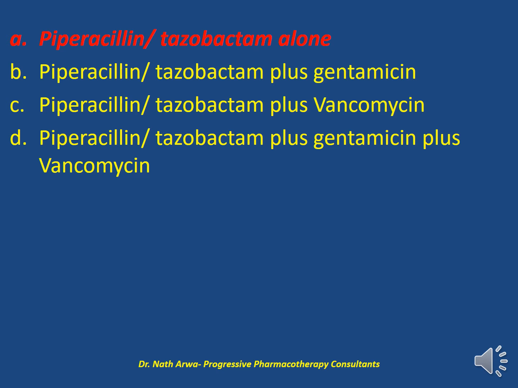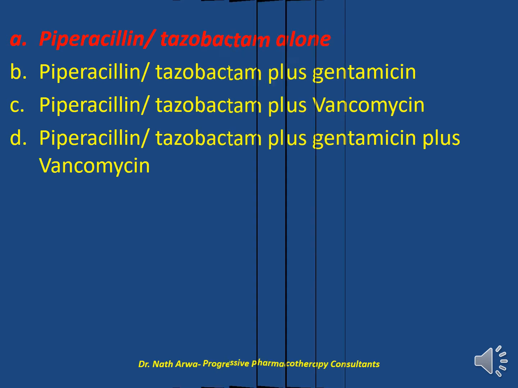So she isn't at an increased risk of MRSA pneumonia, in my opinion. The addition of other agents such as vanco and gentamicin could further complicate the acute kidney injury that she's being managed for without providing additional benefits. That makes answers B, C, and D wrong in my opinion. Let's move to the next question.